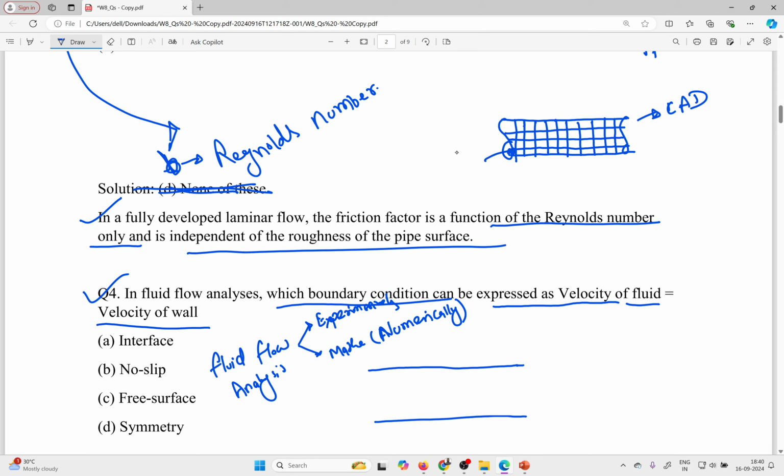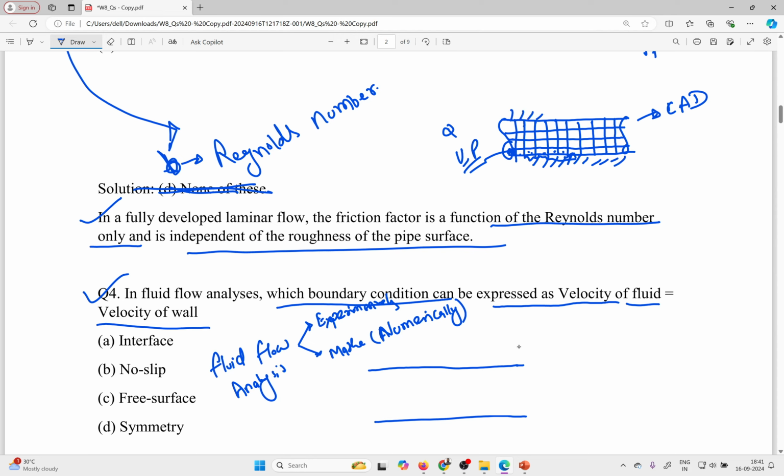Here you need to provide your velocity, pressure, discharge, and everything, and this is your boundary condition. Basically, in each cell, the Navier-Stokes equation and continuity equation will be solved one by one. So you need to provide boundary conditions. What is the right side, left side?